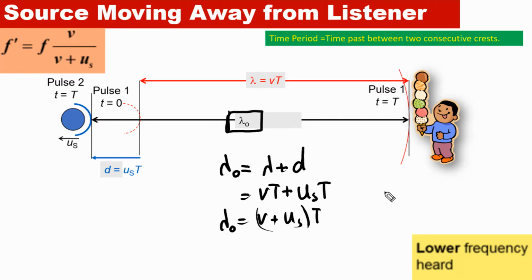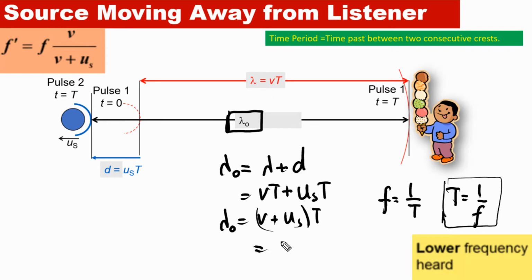But if the time period is not given and the frequency is given, we can also rearrange this and write the equation in terms of frequency. The time period will be equal to 1 over frequency, and we can replace the time period with frequency.